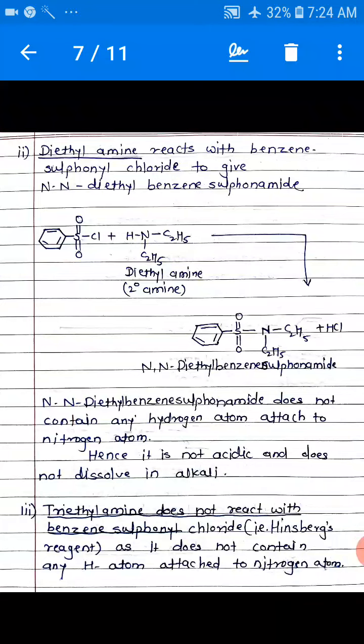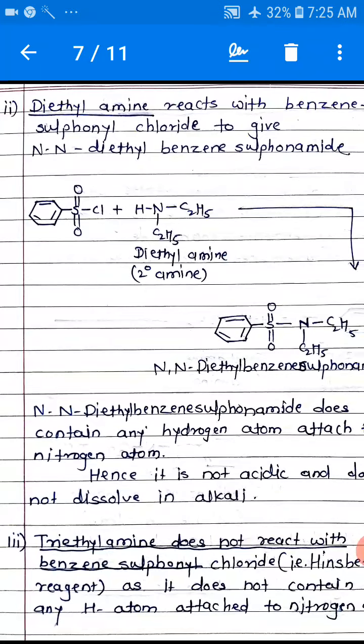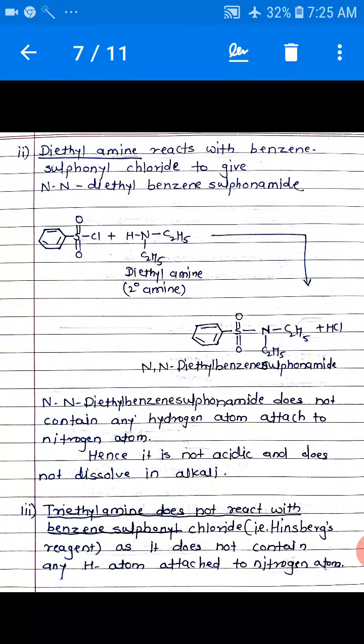Diethylamine reacts with benzene sulfonyl chloride to give N,N-diethyl benzene sulfonamide. Here again benzene sulfonyl chloride reacts with diethylamine, that is C2H5, the ethyl group, attached 2 times to the nitrogen with 1 hydrogen atom.